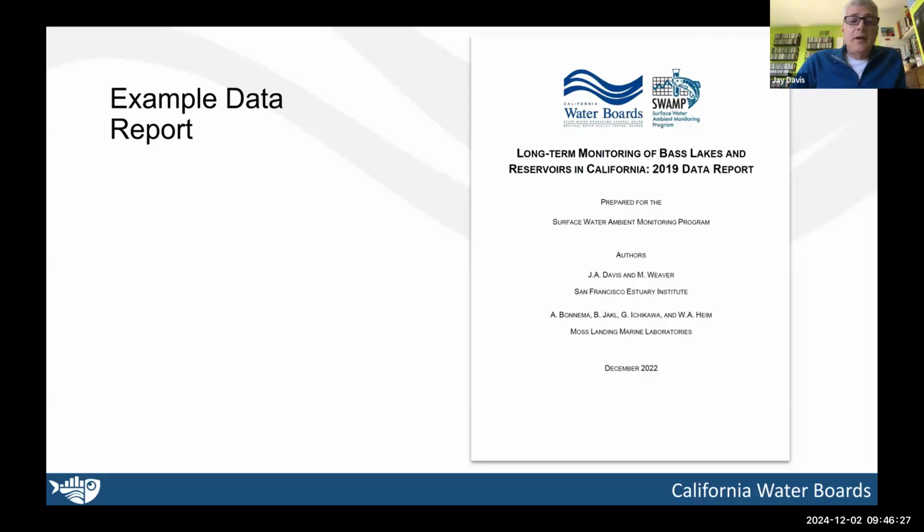In that kind of report, we try to understand and present hypotheses for what might be driving the spatial patterns and long-term trends that we see, pulling in other data, doing that sort of thing. But these data reports are really just about presenting the data from each year.